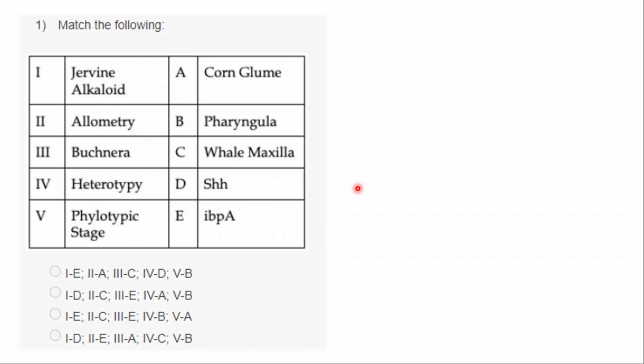Let's take a minute and allow time for all the students to solve it. And in a minute or two, I'll reveal the correct answer.